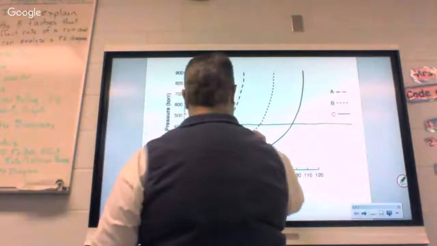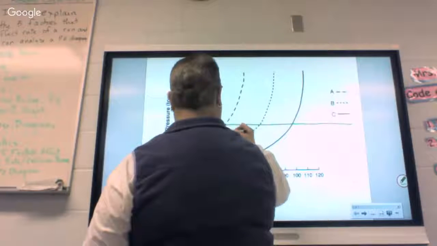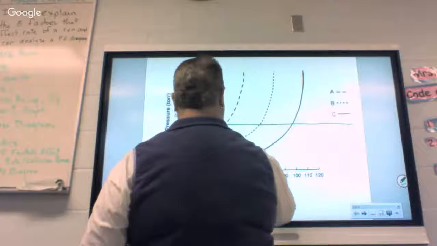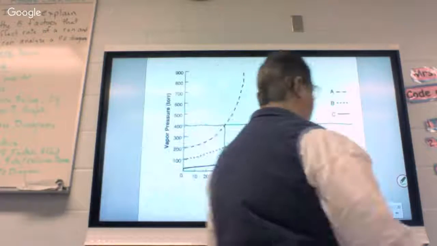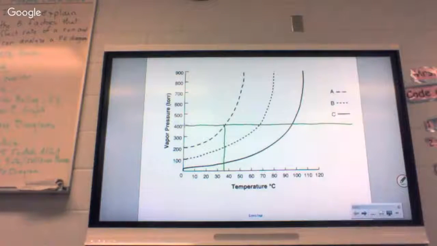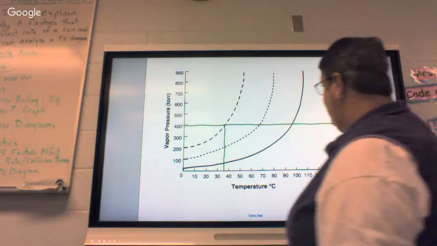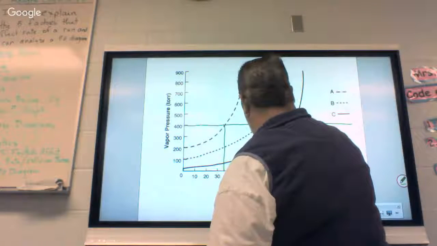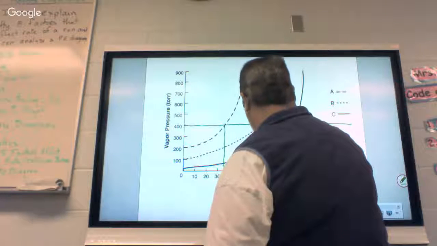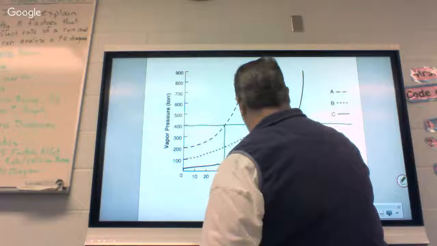Temperature is going to be... No, I was trying to estimate. Somewhere in the mid 30s, about 36, 37, 35, somewhere in that range. For B, that was terrible.